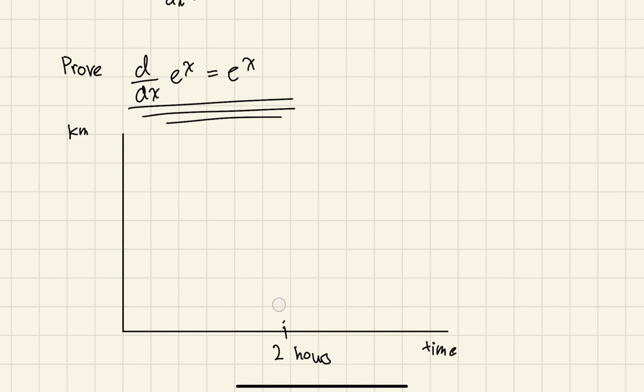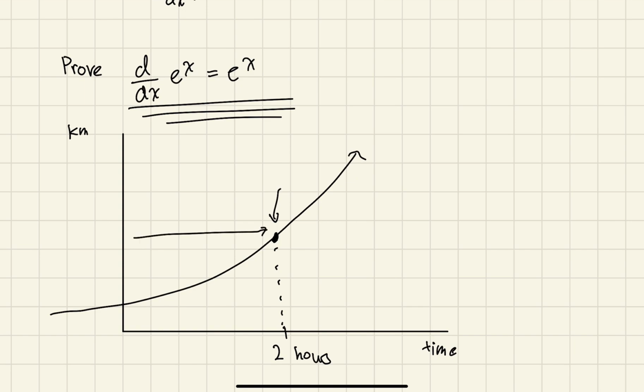And if we remember, the function e to the x, like this, its rate of change at this time is equal to whatever this is, which is a really interesting property in math, and one of the reasons why the number e is so special.